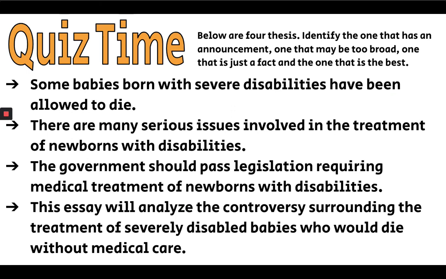There are many serious issues involved in the treatment of newborns with disabilities. This one, I would say, is too broad because of the word many. Now it probably depends on how long your essay is and what the requirements for it are. This one probably is more of a too broad statement.